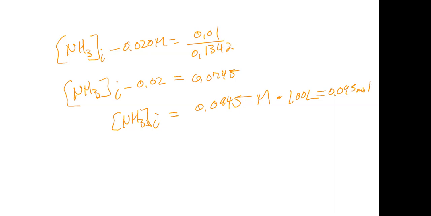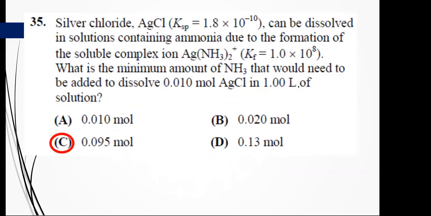So if we go back to our question, you can see that it should be C. Now this is a very complicated problem. And with your 2 minutes, it becomes quite a challenge to do.